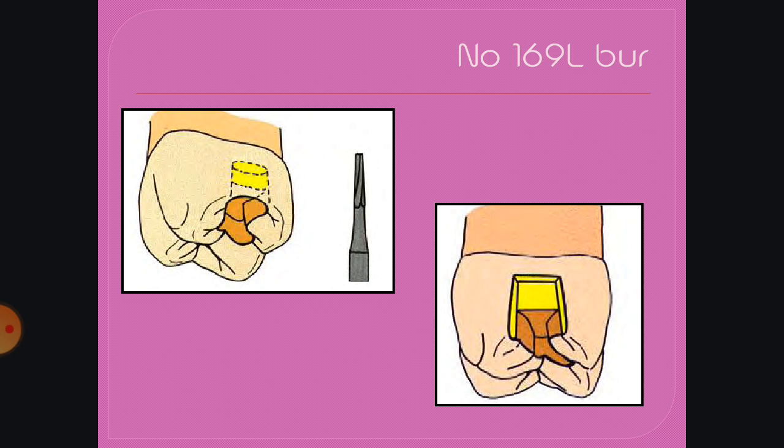One thing you have to remember is you should extend the box facially and lingually to the point where the box breaks contact with the adjacent tooth. You have to break the contact both buccally as well as lingually. So your extension is based on the contact with the adjacent tooth.